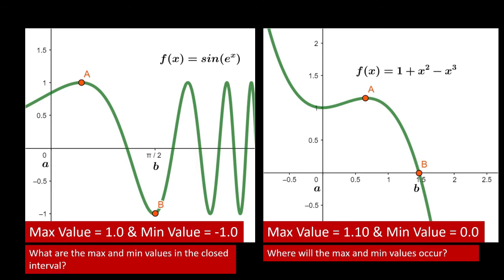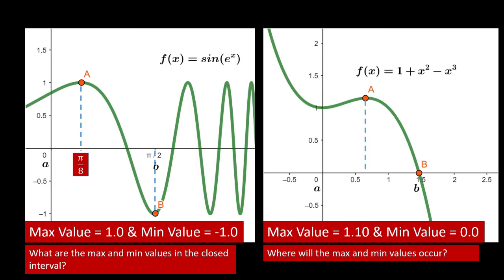What values of x will give you the maximum and what values of x will give you the minimum. For our function f(x) = sin(e^x), pi/8 will give us the maximum value of our function in the closed interval [a, b]. And pi/2 will give us the minimum value of our function in the closed interval [a, b].